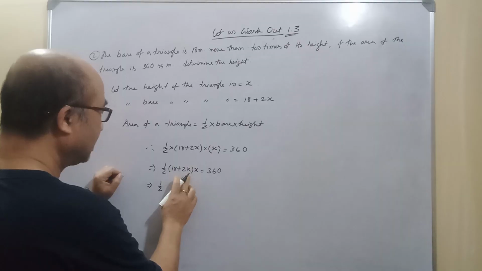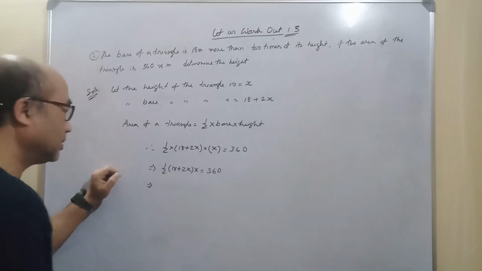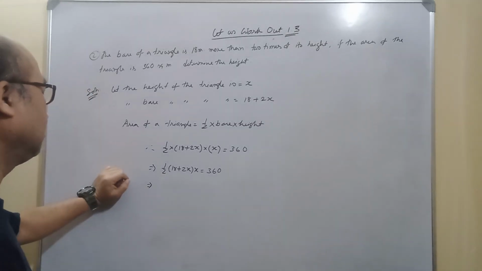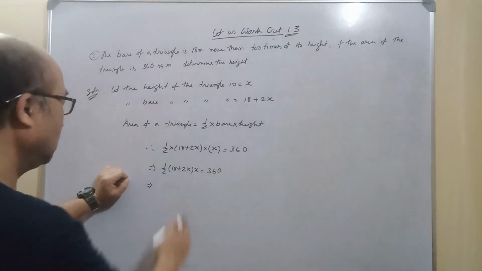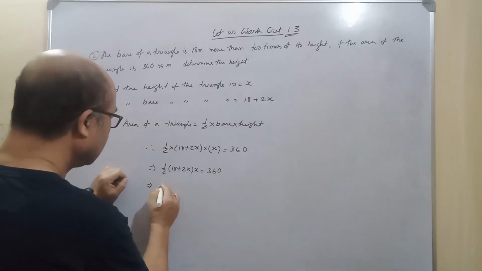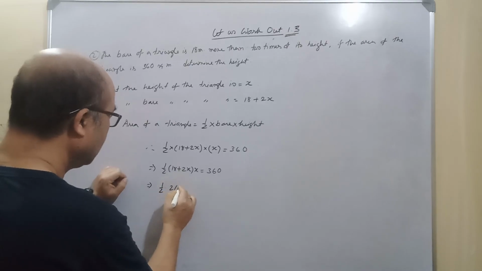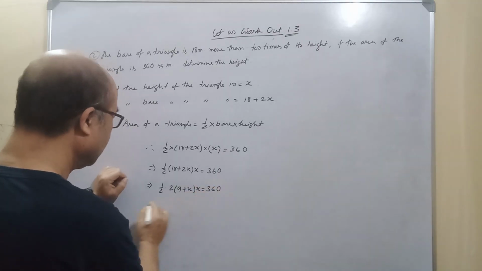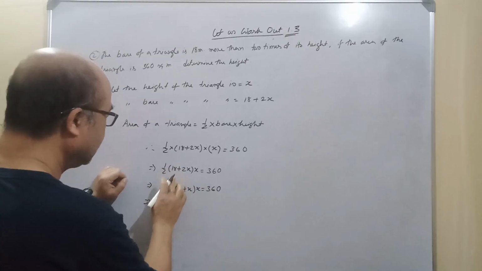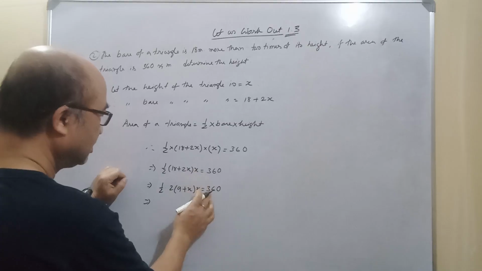Let us simplify this. This can be written as half into 2 into 9 plus x into x is 360. 2 into 9 is 18, 2 into x is 2x, right? Then 360.